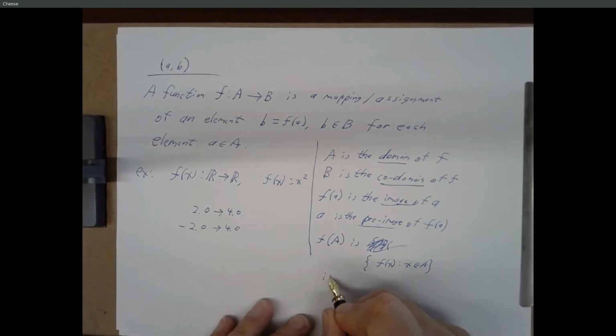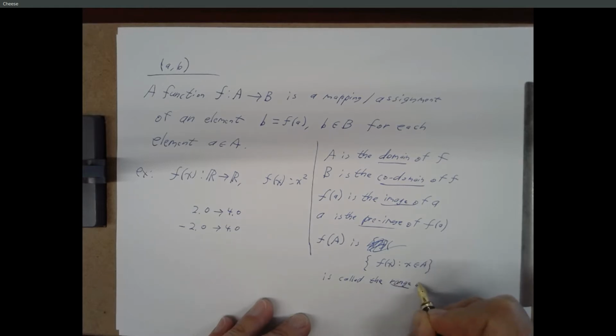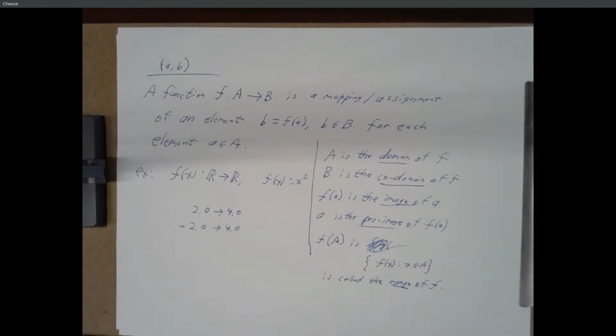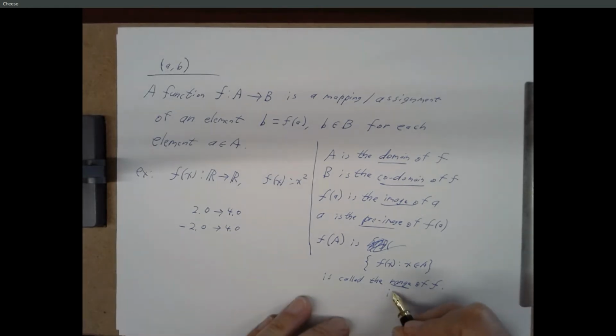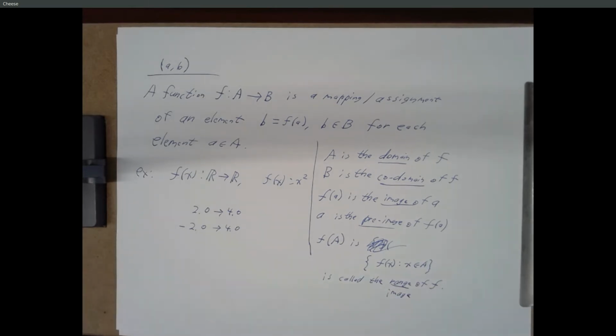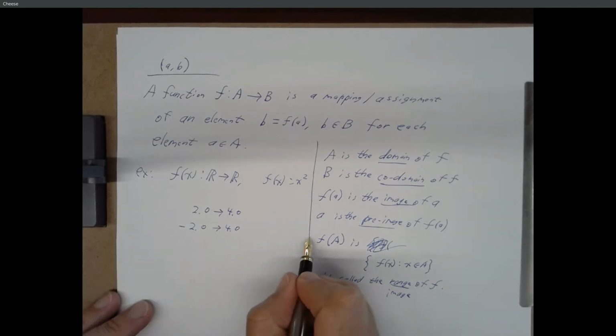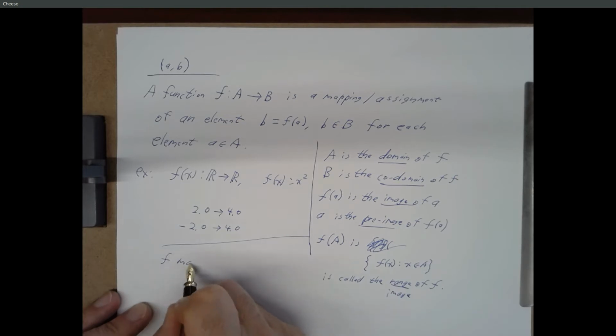So that's called the range of f. It's sometimes also called the image of f, but I'll use the word range. And we sometimes say f maps A to B.